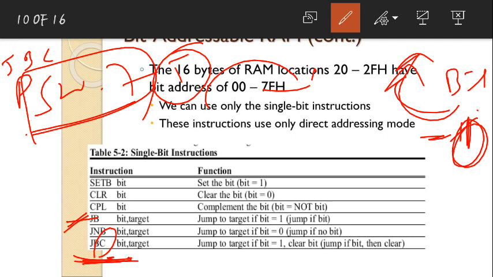Then wherever it jumped, it will do the operations from there, and again check this bit in a loop. If it is 1 again, it will jump, and after jumping it will clear the bit. It will not forget that.